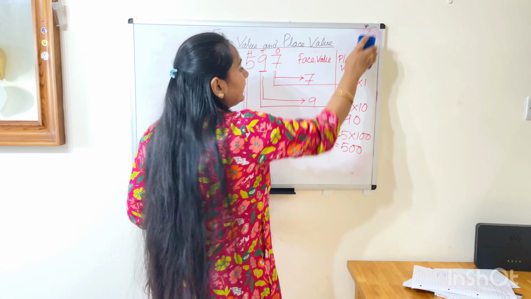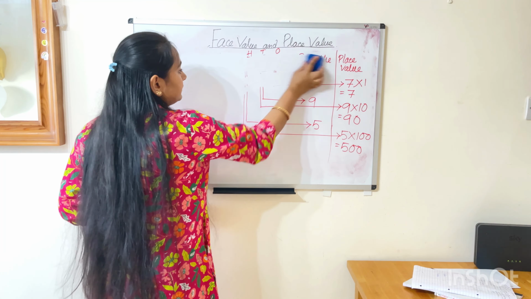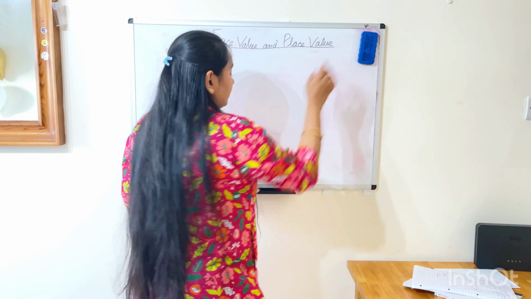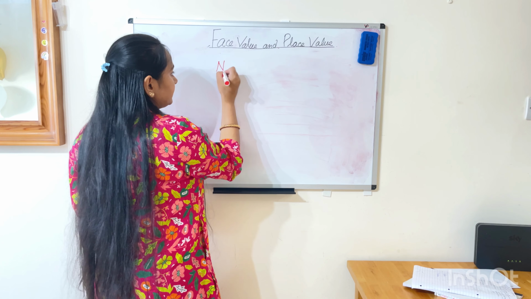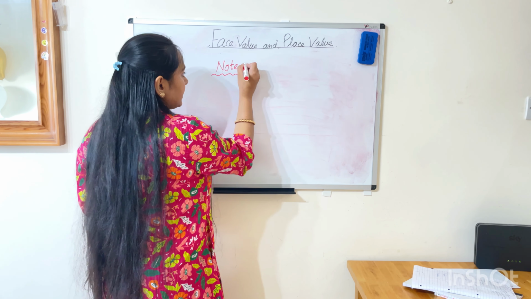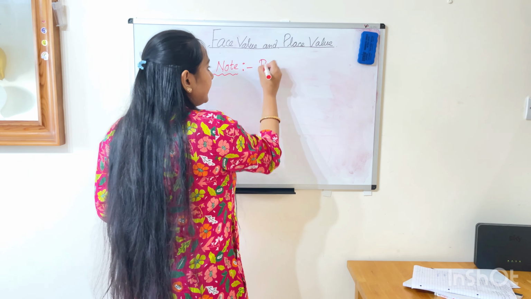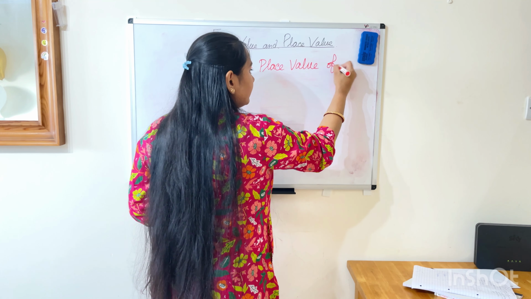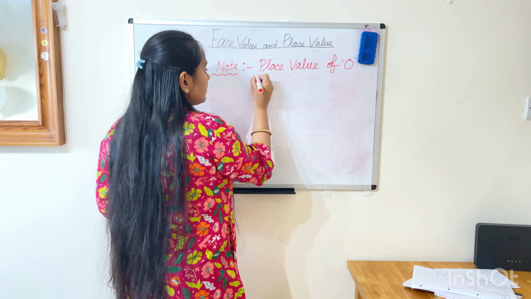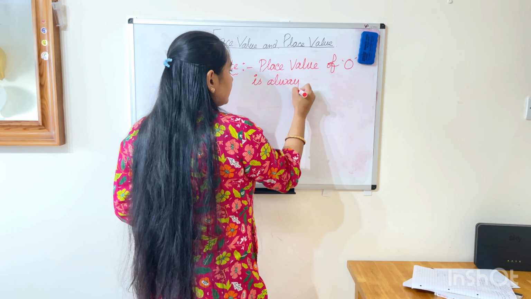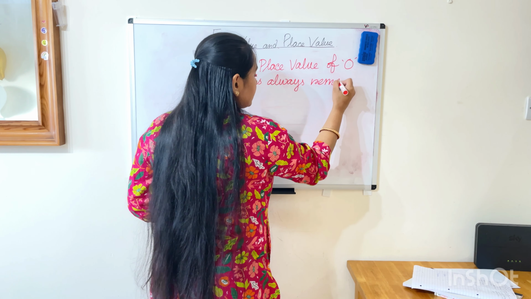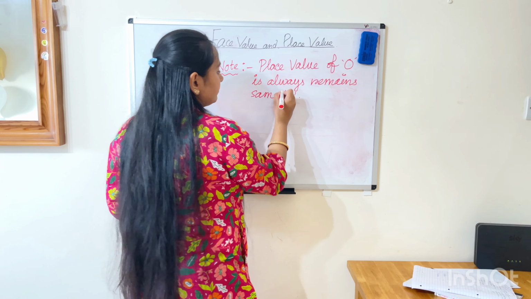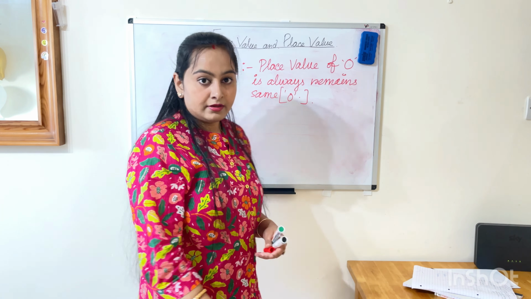But one thing you need to remember always, or you can note that, always keep this in your mind, that the place value of 0 always remains the same, or you can say it is 0, right?